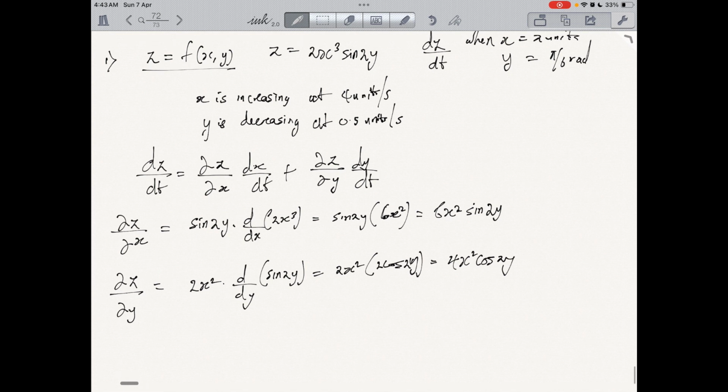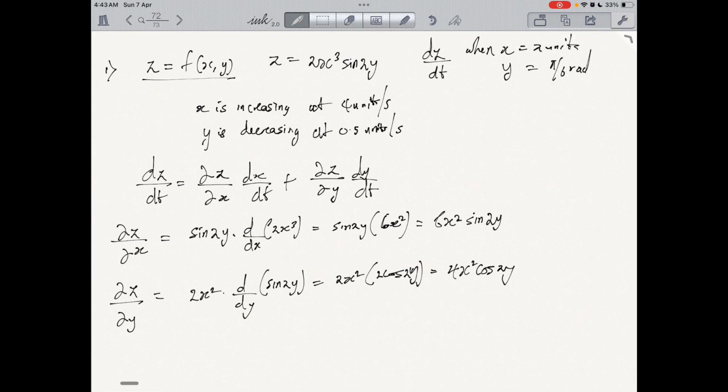Now, if we look at the formula, we have been able to evaluate dz/dx and likewise dz/dy. But let us look at dx/dt, and let us also know what dy/dt is. Now we look at the question. They say x is increasing at 4 units per second. That means dx/dt is positive 4.